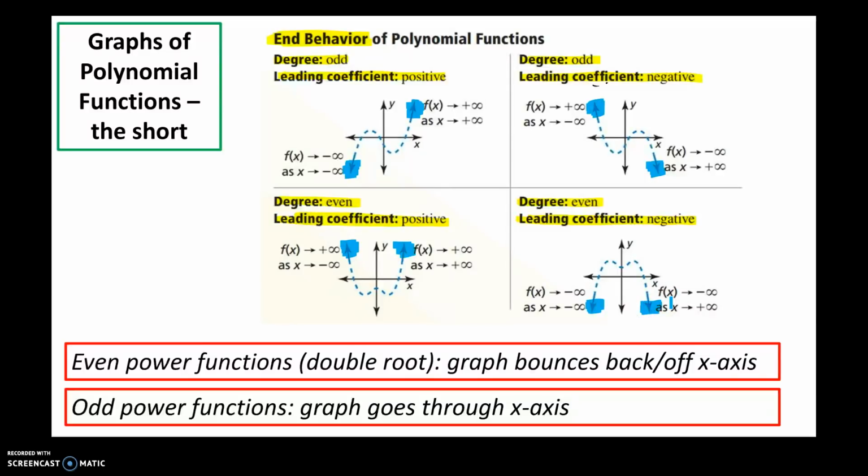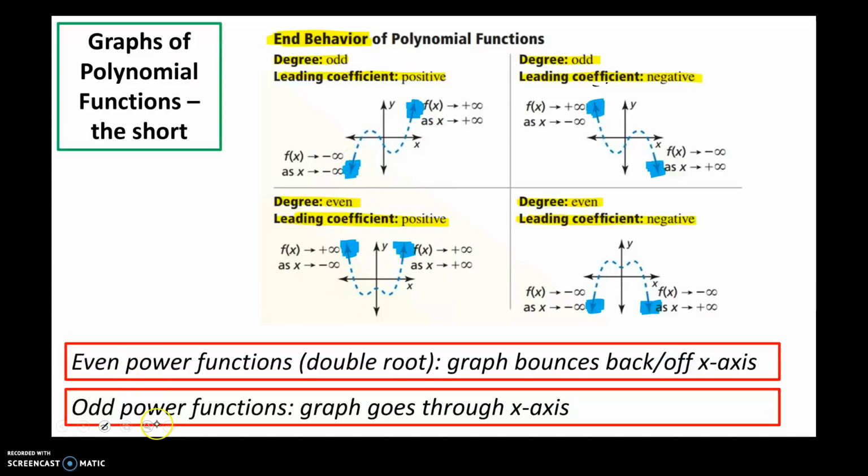Now the next slide gets into a whole lot more detail with this, but check out what's happening. It's dotted in here because that's not to say that every single function is going to look like that. The only thing that has to be true is that the end behavior has to be set.